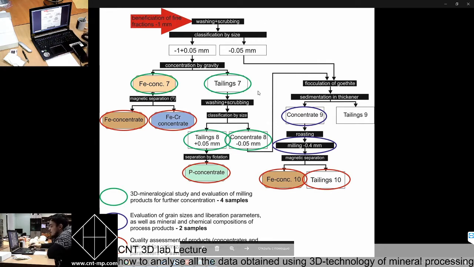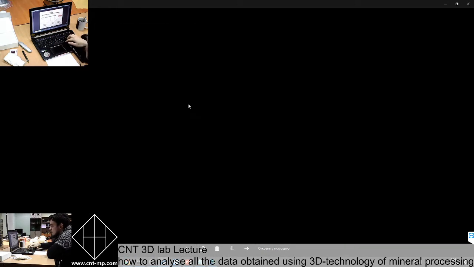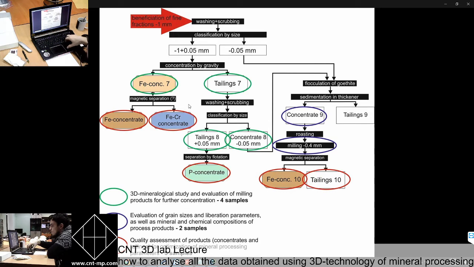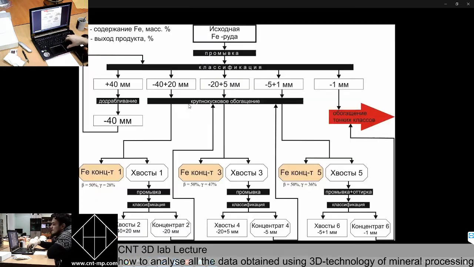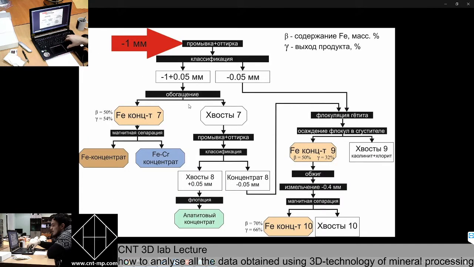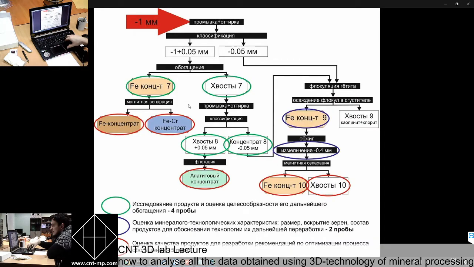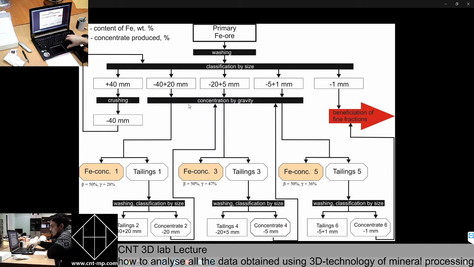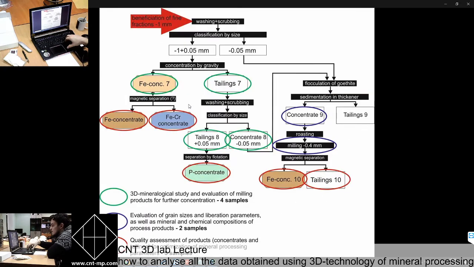And they built that scheme using only one sample of brown iron ore and one sample of manganese ore. So there are two main stages: coarse beneficiation and beneficiation of the fine fractions, minus 1 millimeter.